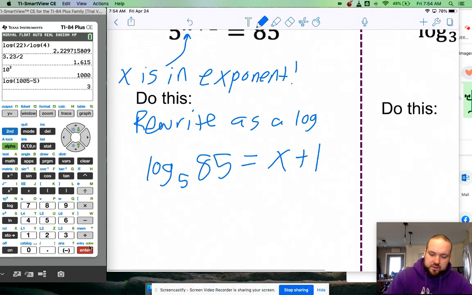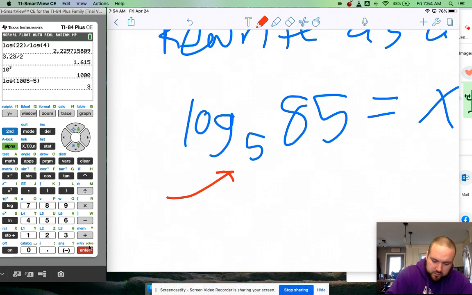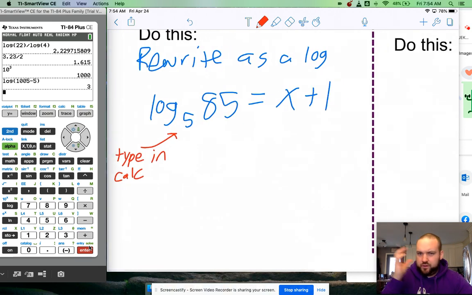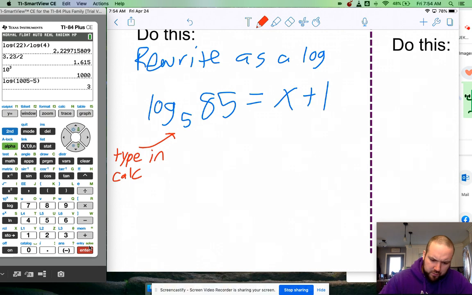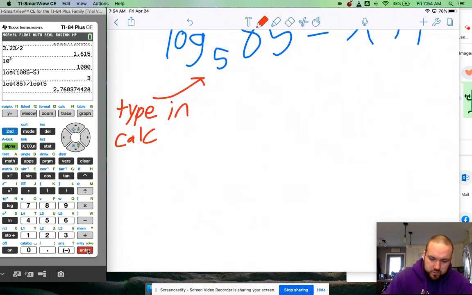And now, just for the sake of writing myself some steps, I'm going to type this in the calculator. This is also going to act as our summary for the video. I know there's another slide that says summary, but we're going to do this. So log 85 divided by log of 5 is 2.760.